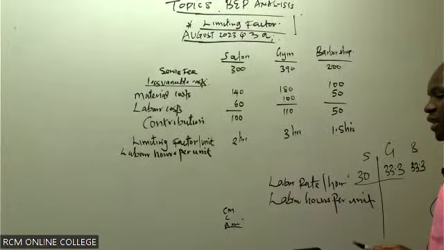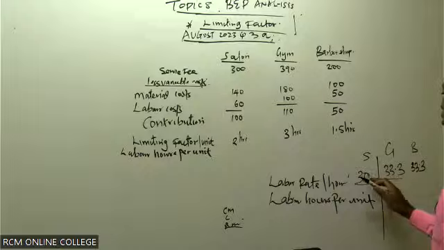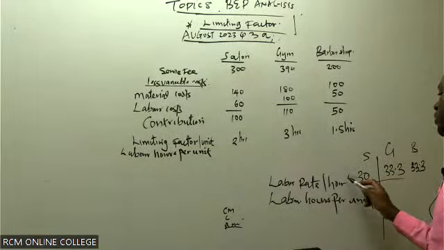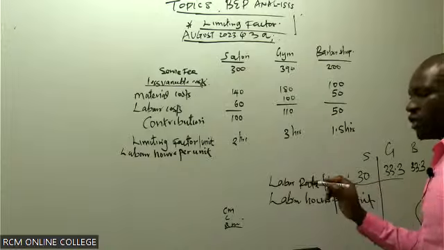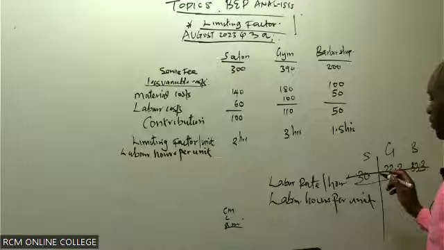In most cases, you're going to find that this rate will be the same. But it does not mean in all questions the rate will be the same. In some questions, if they give you this, we use the rate to get the labor hours.